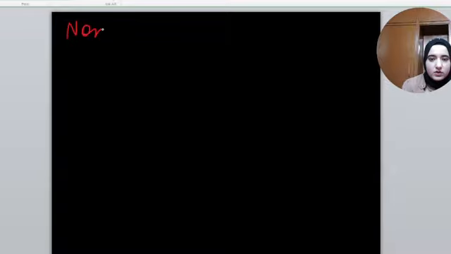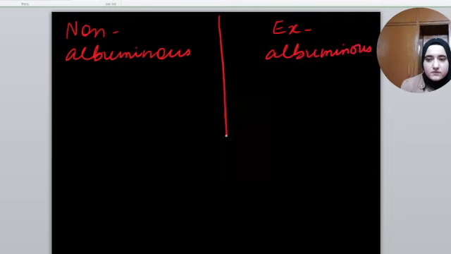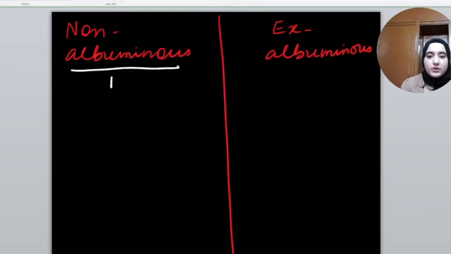Either it may be non-albuminous or ex-albuminous. See what is non-albuminous and what is ex-albuminous. Non-albuminous are those seeds which do not have endosperm.